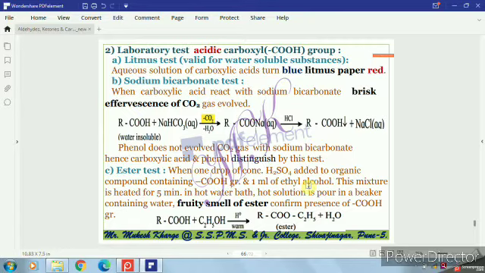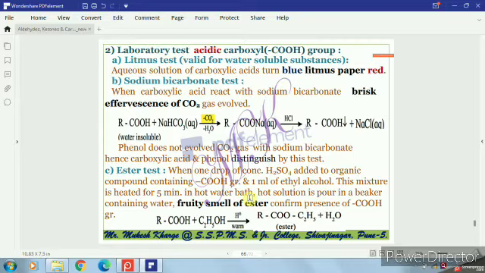Then we heat that mixture for 5 minutes in a hot water bath, and that hot solution is poured into a beaker containing water.